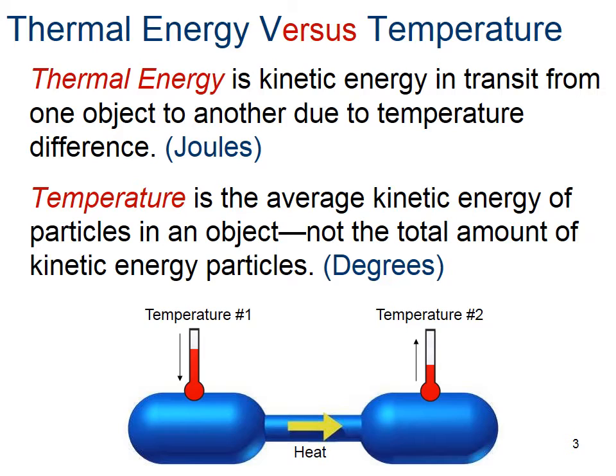It has to be actually moving from one object to another, and that's how we characterize heat as a form of energy. So it is a kinetic energy. Temperature, on the other hand, we can measure, typically with a thermometer. We measure that in degrees, and that is just the average kinetic energy of the particles in that object. The two are obviously related, and it's important to note that thermal energy or heat is measured in joules.